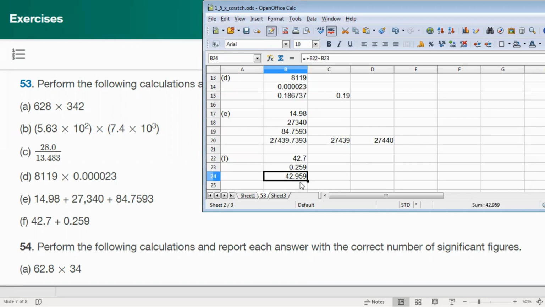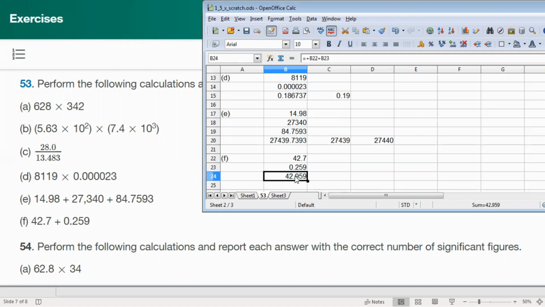So let's round this up. Just going back through the rules, do we round this number up or down? Since the first insignificant figure is a 5 and it's followed by a non-zero number at some point, we round up. So we round 9 to be 10, but we can't really do that.